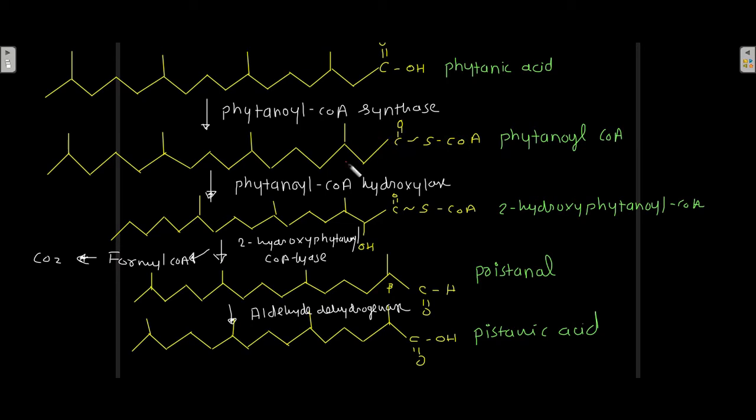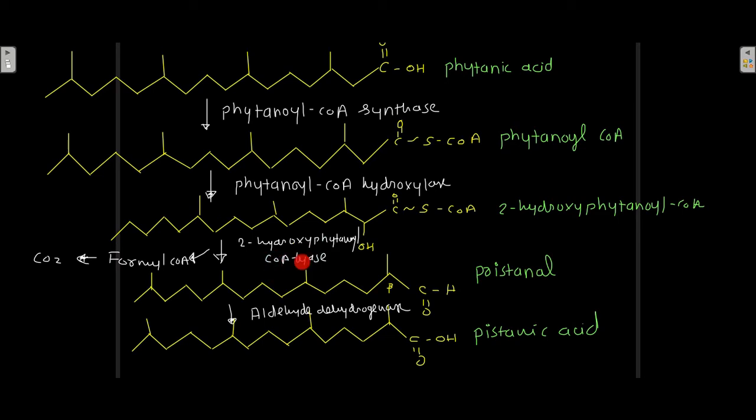Then it is subjected to phytanoyl coenzyme A hydroxylase, and due to that there is formation of an OH group, as you can see here, and then 2-hydroxyphytanoyl coenzyme A is produced, and then this 2-hydroxyphytanoyl coenzyme A is subjected to 2-hydroxyphytanoyl coenzyme A lyase.